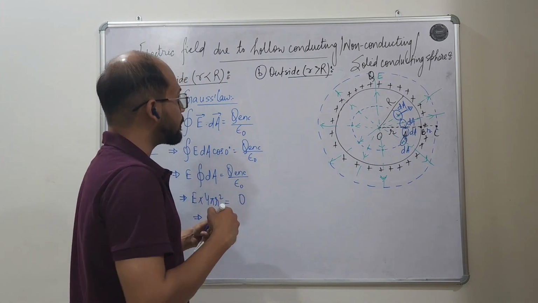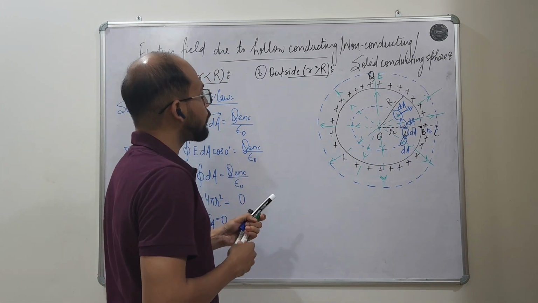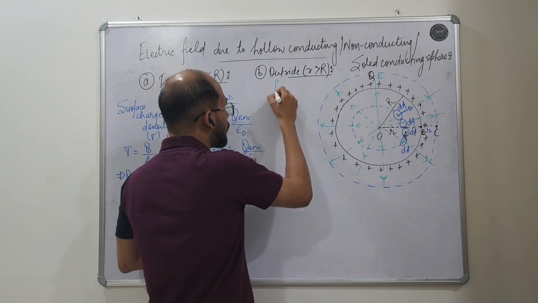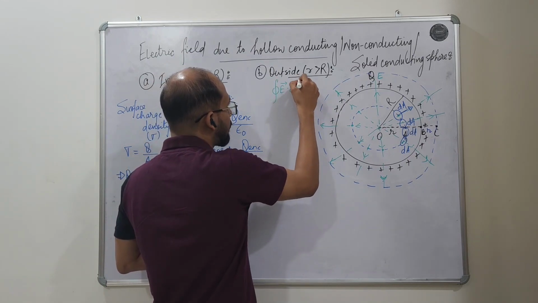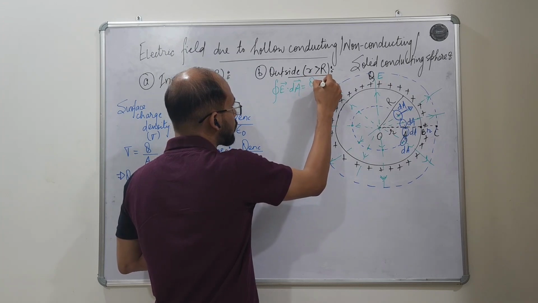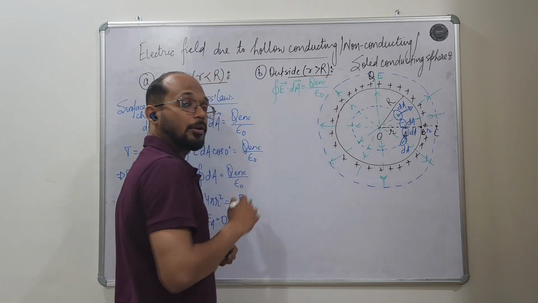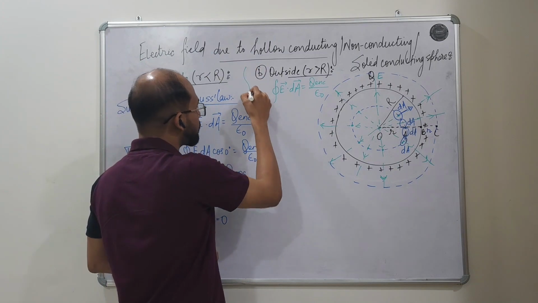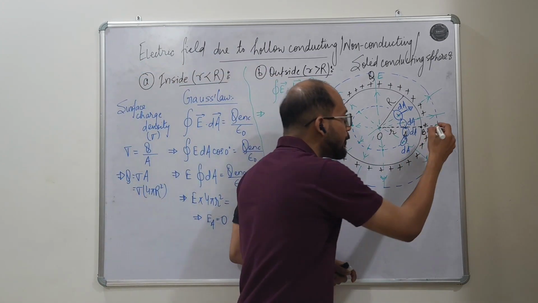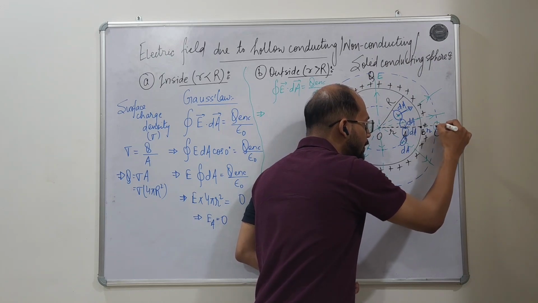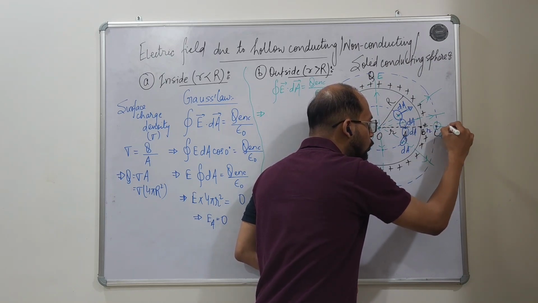Now again, we will use Gauss law to find the electric field. We know that the closed integral of E dot dA is equal to Q enclosed divided by epsilon naught. Now, if we choose a Gaussian surface like this, dA will be pointing outward.